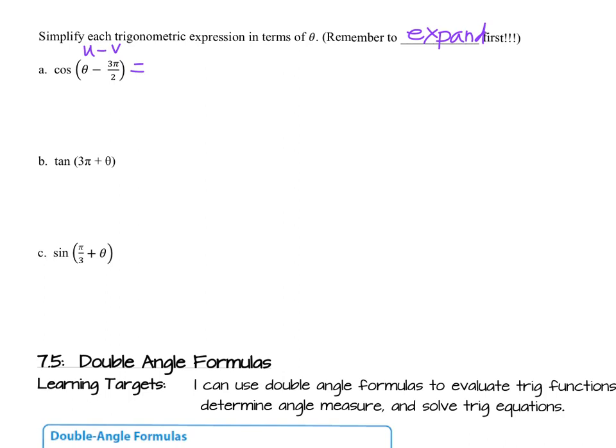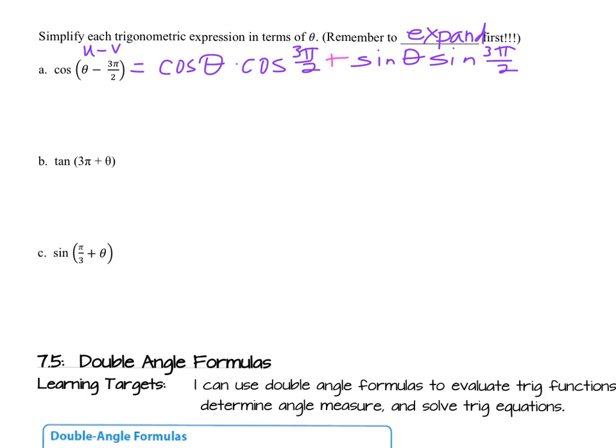If we use our definition on the other page, u minus v breaks down into cosine u, which would be theta, times cosine v, which is 3 pi over 2. And then if it's minus in the parenthesis, we have to remember for cosine, it's plus in the expansion. And then it's sine u, which would be sine theta, times sine v, which would be sine 3 pi over 2.